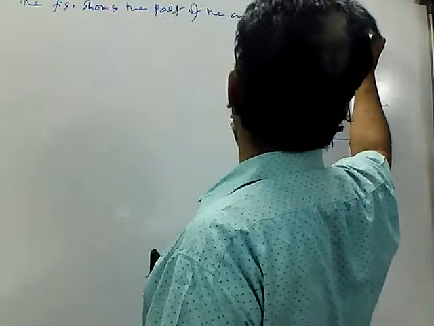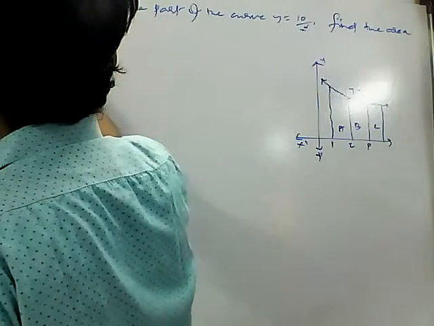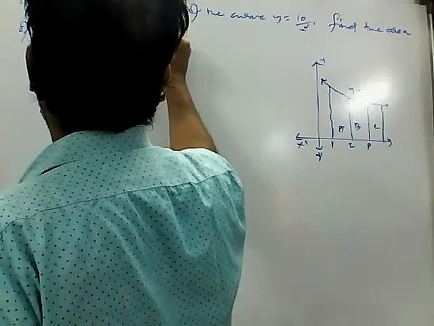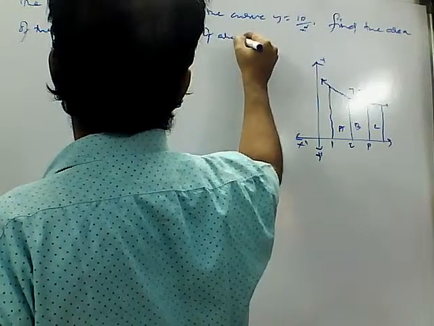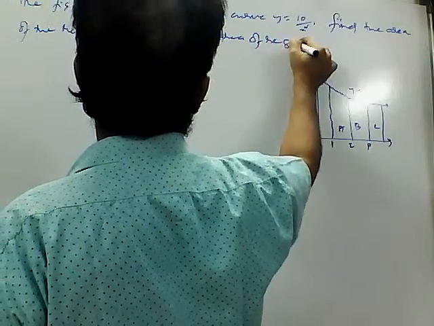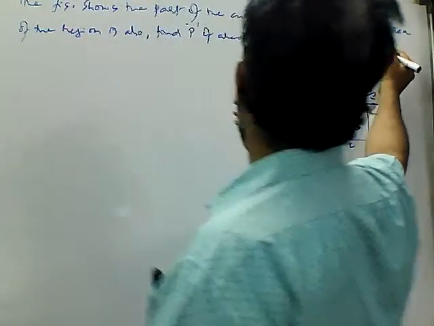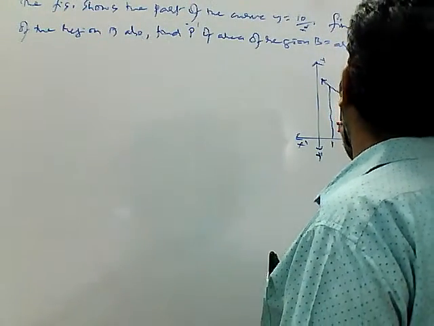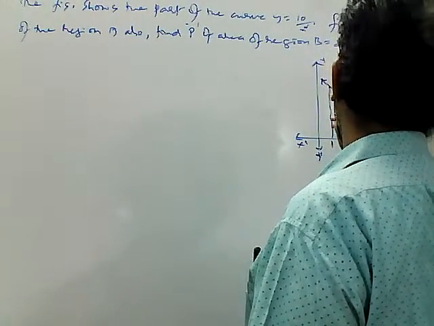Find the area of region A. Also find p if the area of region B is equal to the area of region C.